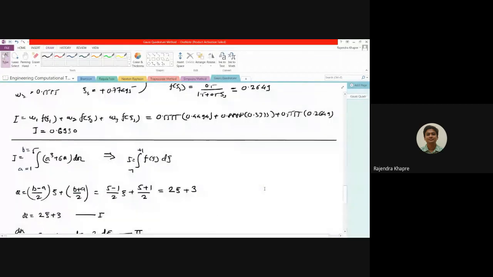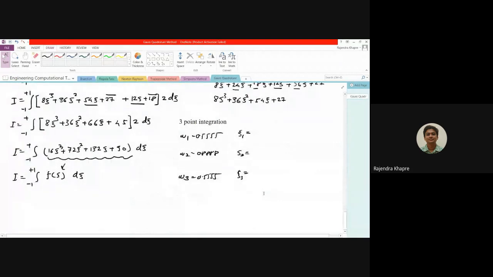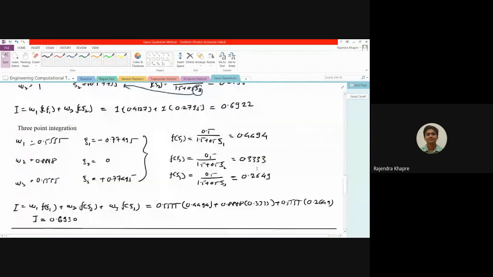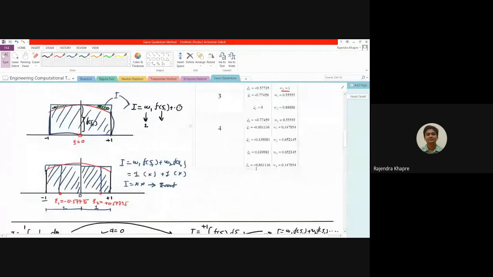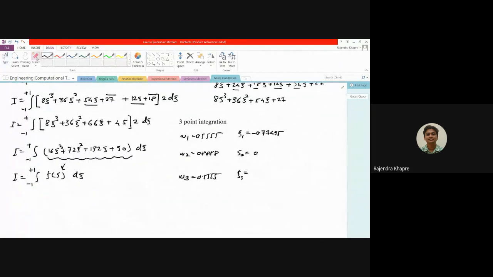So xi1 is 0.77459. I have written positive by mistake, this should be negative. And this value will be 0. And xi3 is 0.77459. Is it 459? Yes, 459 is correct.